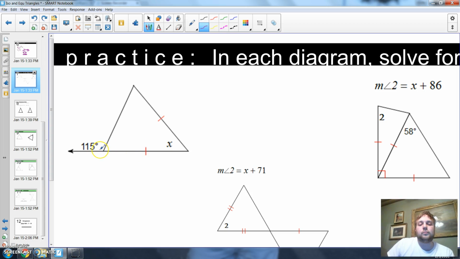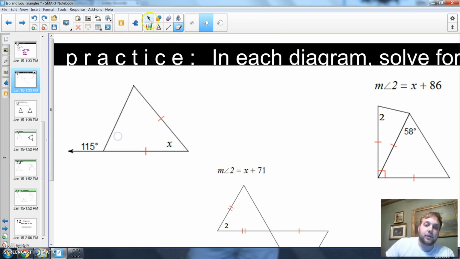Alright. So, I know that this angle corresponds with this, and I know this angle corresponds with this. But I need to find x. Well, let's try and solve some things.